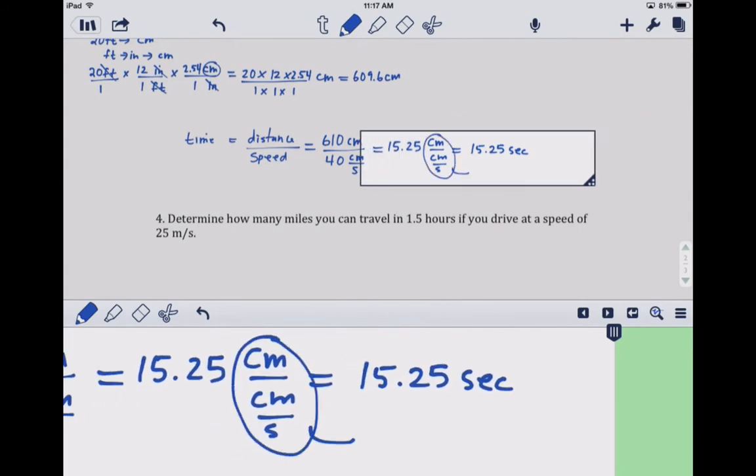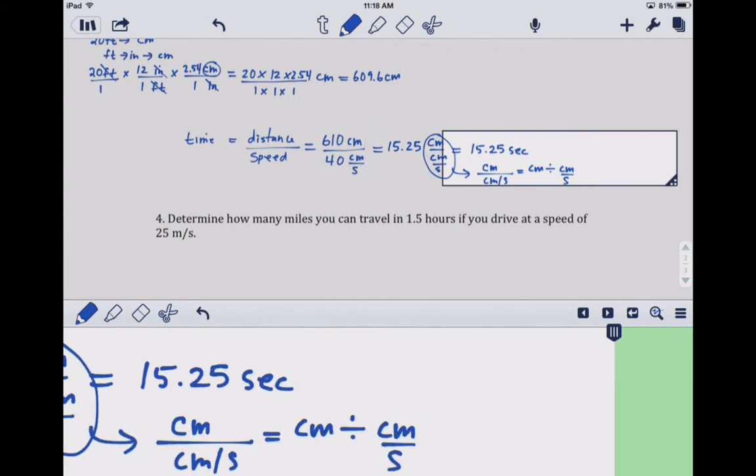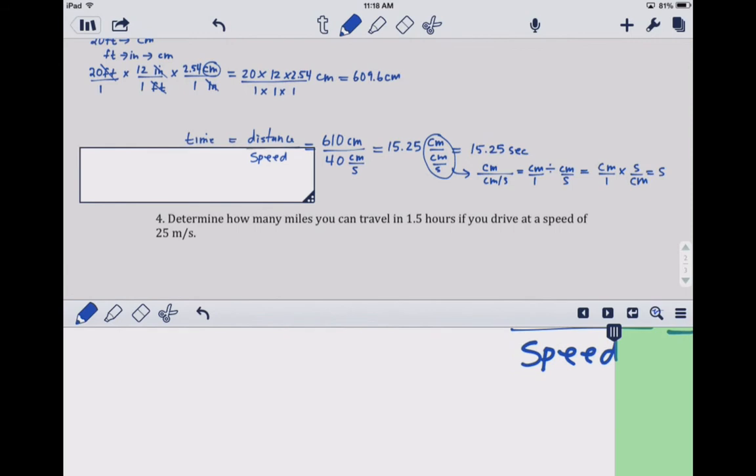This really looks like centimeters over centimeters per second, which is really centimeters divided by centimeters per second. And if I put this over 1, you can see that as dividing fractions, which is centimeters times seconds over centimeters. Centimeters cancel and I get seconds left.